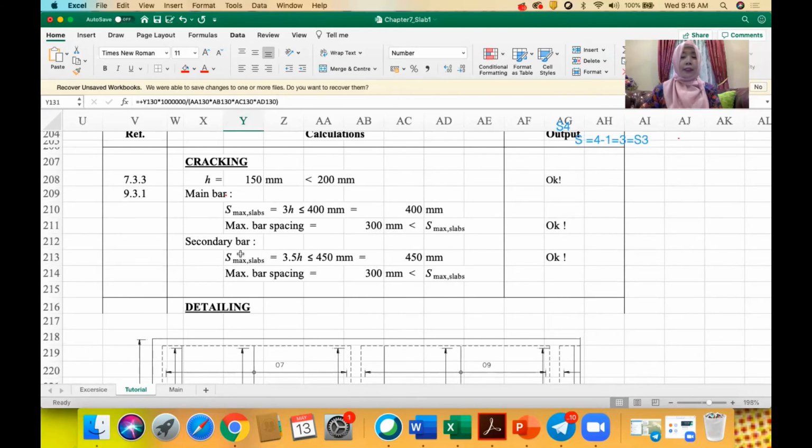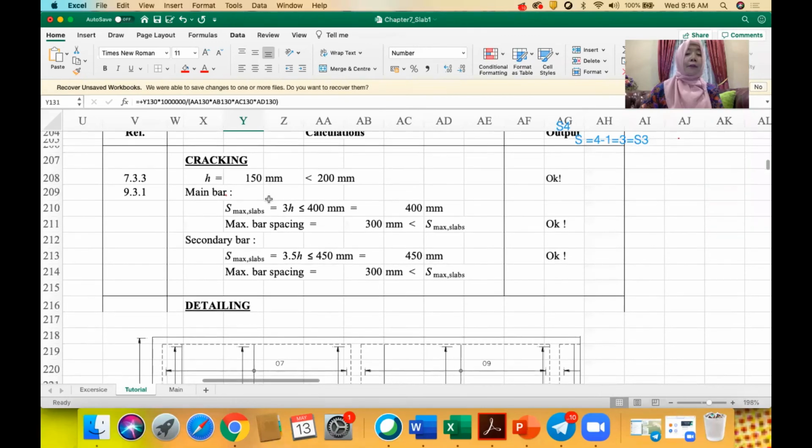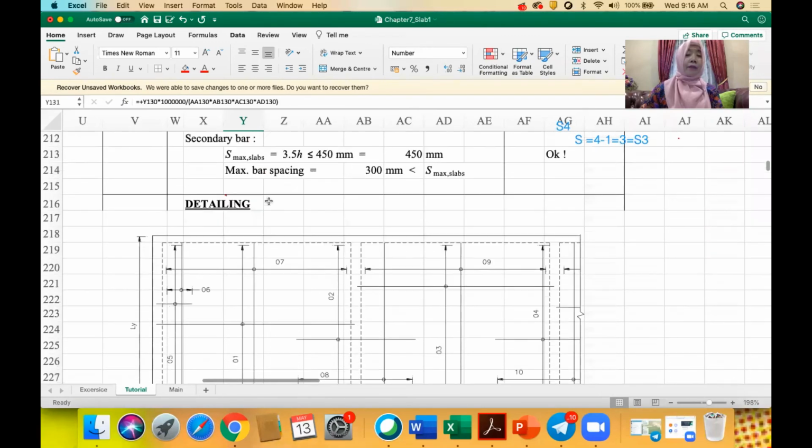And for the secondary steel it is 3.5H or 450. Therefore, we take the lesser value here, 450, and our secondary bar spacing is 300, so it is less than 450. Therefore, our slab is safe from the excessive cracking.